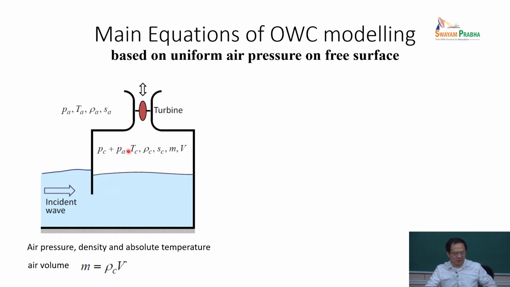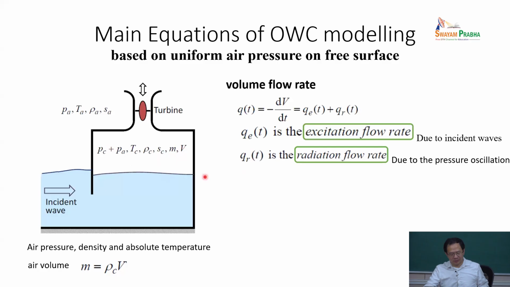Then you have the pressure plus the pressure change, and the temperature and density, and this surface area. You have the mass flow rate, and you have volume. I skip this part directly.